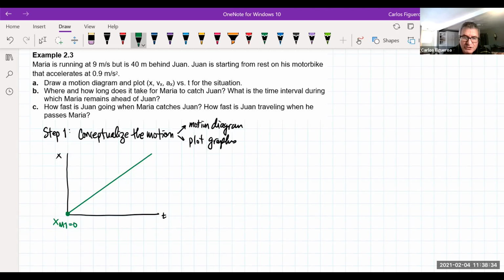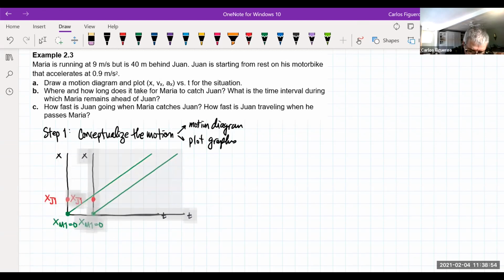Juan is starting ahead of Maria. So let's draw him. So that means if I pick, let's say, this spot right here, this is going to be Juan's spot. Man, I'm going to run out of space here. So I'm going to move this over to the left or to the right.